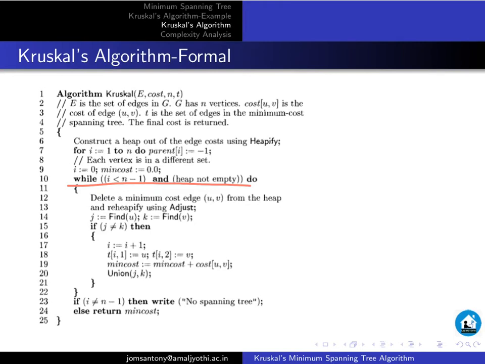So in the maximum case, this particular statement will execute e times, where e is the number of edges, represented by modulus of e. And then we delete the minimum cost edge uv from the heap. This again takes order of 1 complexity.